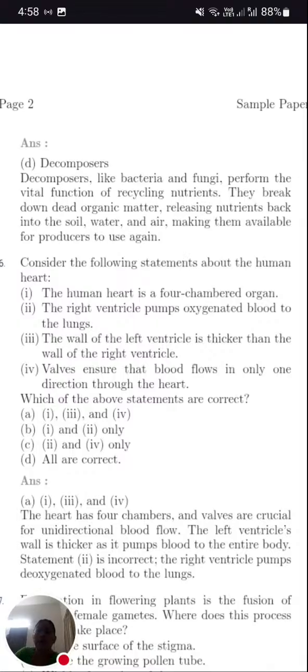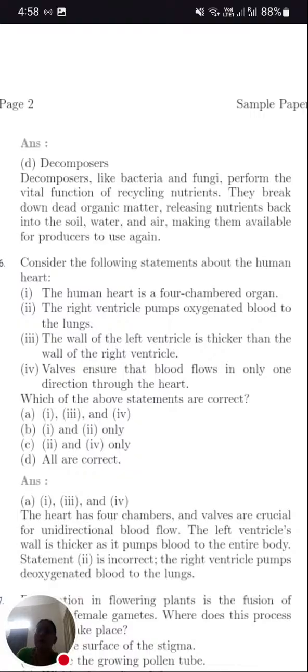So always the left side carries pure oxygenated blood and right side carries impure deoxygenated blood. So as per that explanation, the first one, human heart is 4-chambered. First answer is correct. The right ventricle pumps oxygenated blood. This is a wrong one, as in the right side there is flow of impure deoxygenated blood. And the third one, the wall of left ventricle is thicker than the wall of right ventricle.